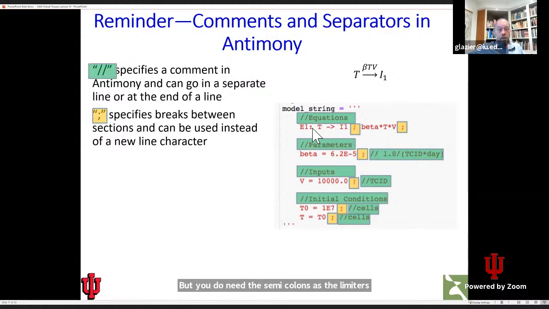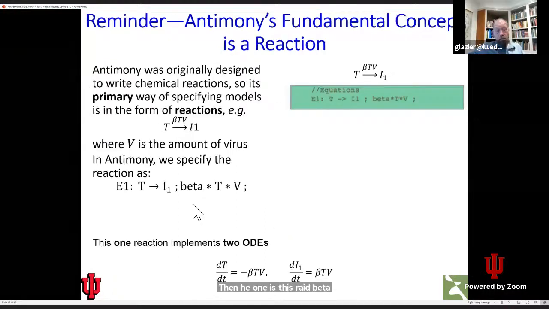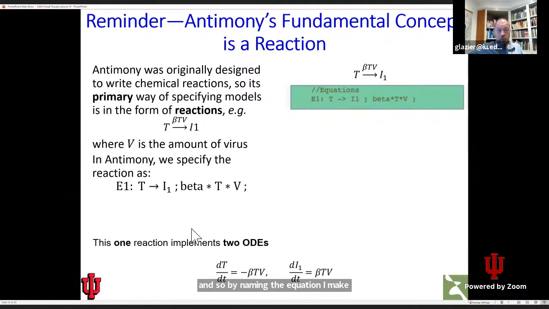And the colon represents a tag name. We'll come back to that in a second. So here, equations, parameters, in my line, a statement here, I've defined the units of the parameter. And by naming the equation, I make the rate rule available to me as a variable.